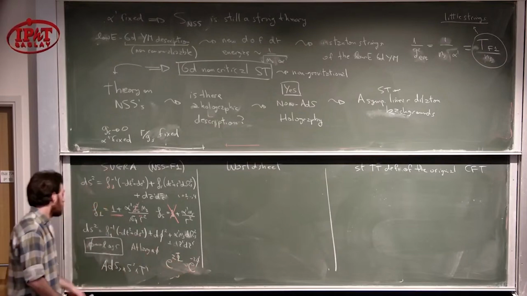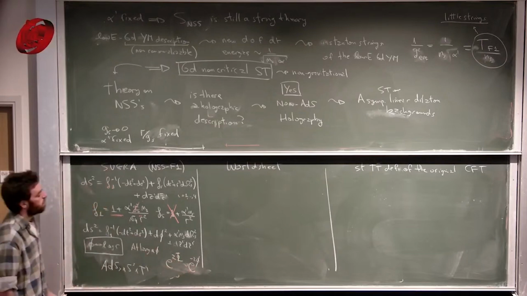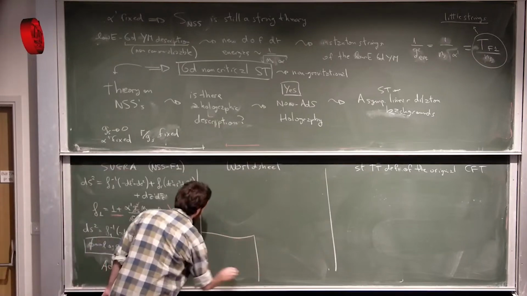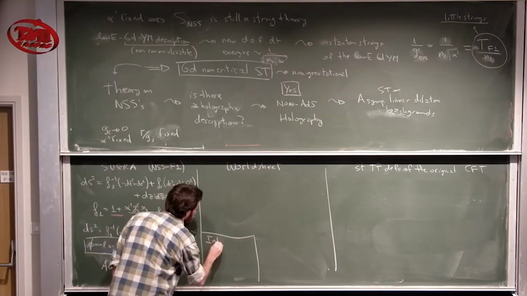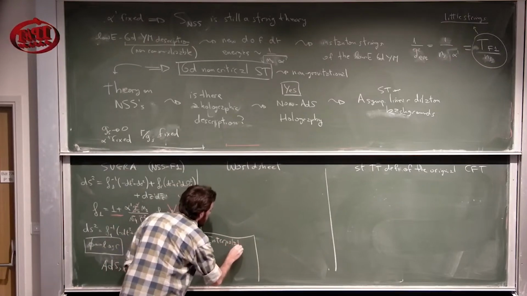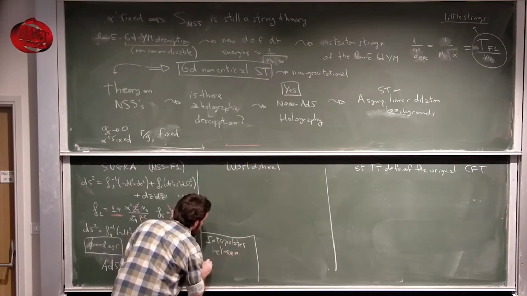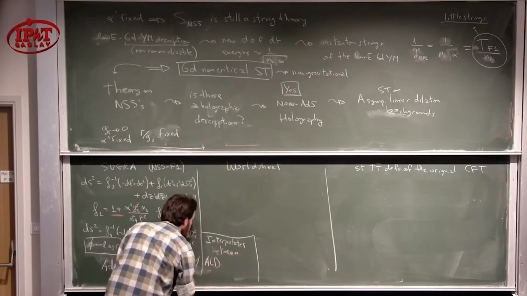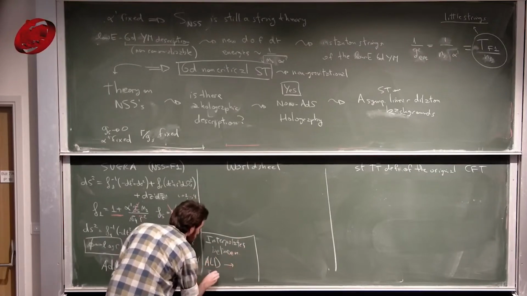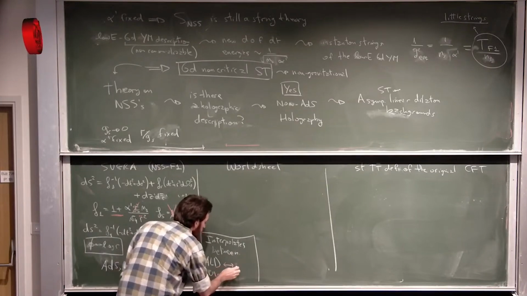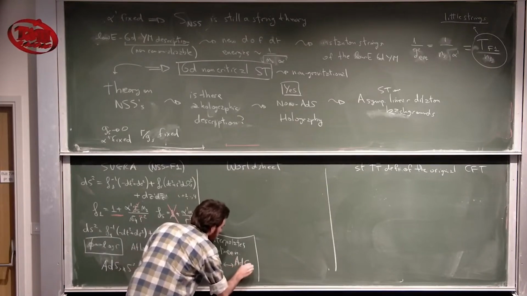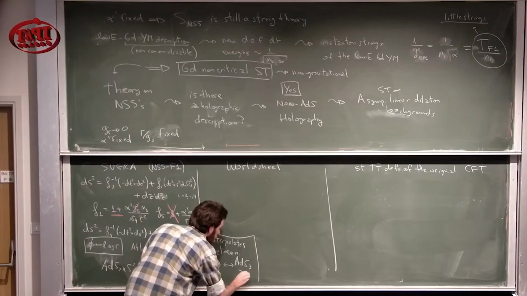So this is a theory which interpolates between an asymptotically linear dilaton background in the UV and an AdS3 background in the infrared.